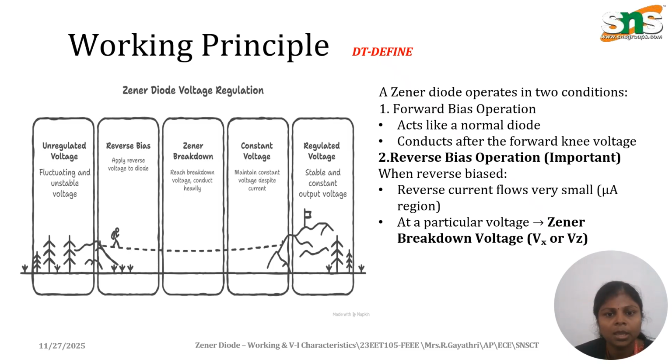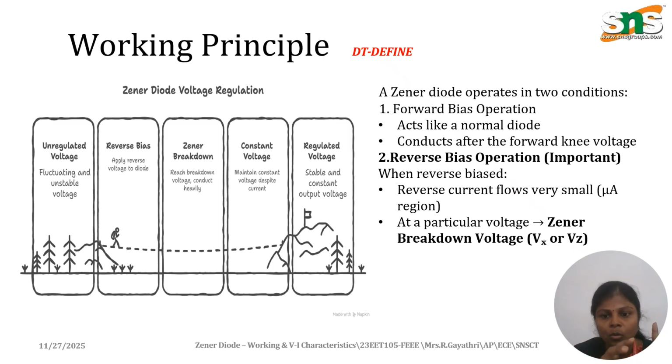Coming to the working principle, the Zener diode operates in both reverse as well as forward bias. In forward bias, the Zener diode acts as a normal PN junction diode and conducts after the knee voltage is reached. In reverse bias, which is the main portion of the Zener diode, the reverse current is very small, in the order of microamperes.